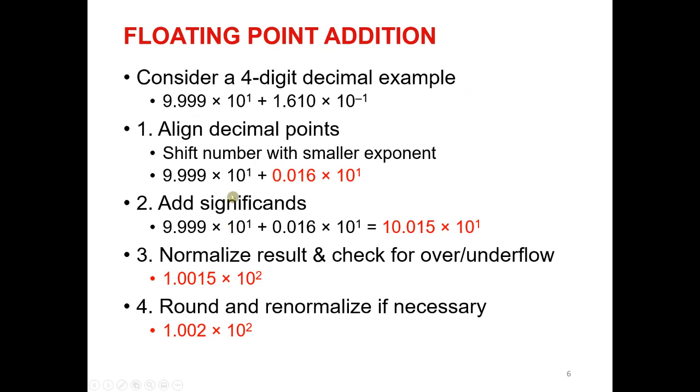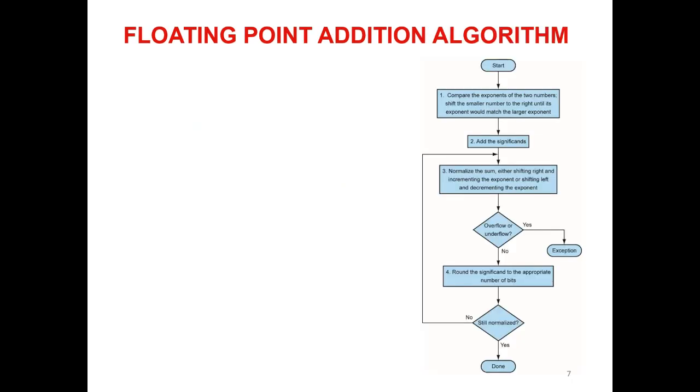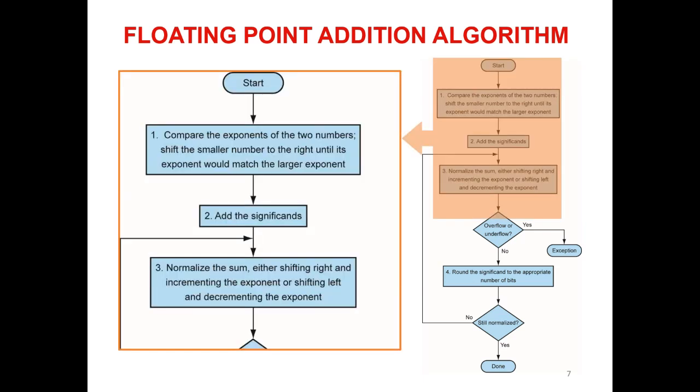Okay, so how is this method actually represented in a flowchart for the algorithm? This is similar to what we saw yesterday in previous lectures for other algorithms. This is what we have just done, but now in a more formal way.